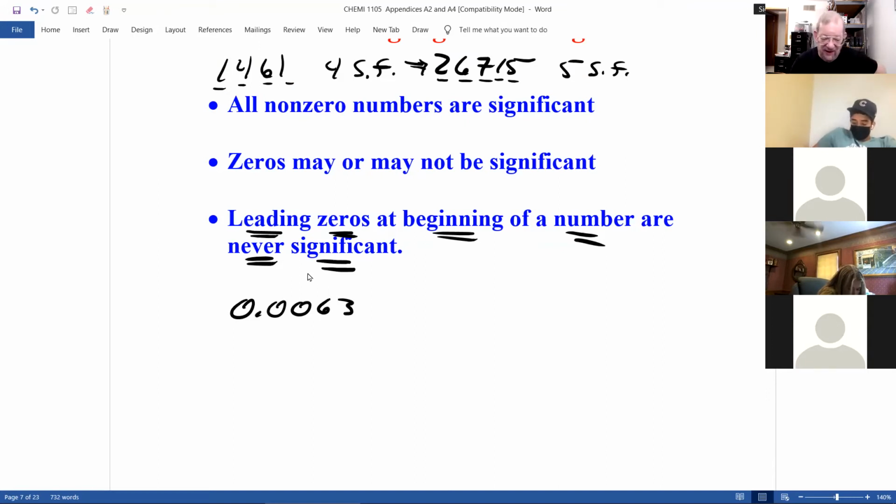So make sure you pay attention. We'll practice this a lot. Lead zeros are never significant, so these are not. And all non-zero numbers are significant. Well, we've got 2 of them here, so therefore this has 2 significant figures.